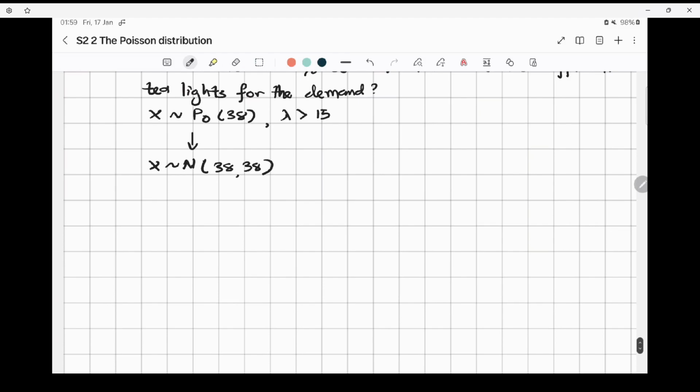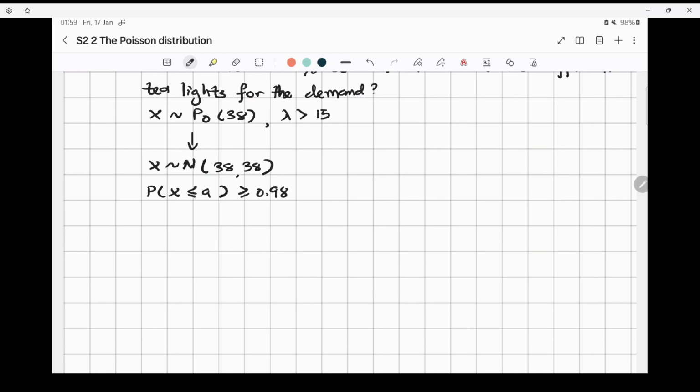Okay. So now you need to formulate the probability. How many tea lights should be available to be at least 98% certain? So the probability by itself is something like this. There's a minimum number of lights that you need to light up in such a way that your probability is at least 0.98.